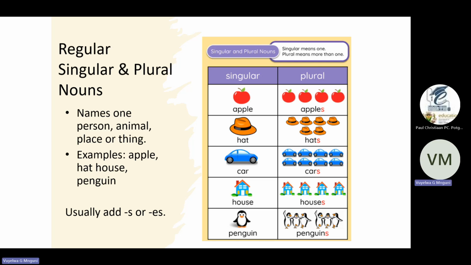If there is more than one, we refer to them as cars. We have a house. If we have many, then we have houses. Then penguin, we have penguins. You will surely see that we have added S. It's simple like that. We call these regular singular and plural nouns.